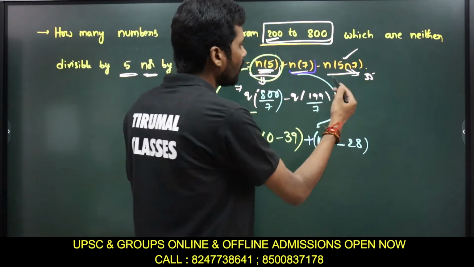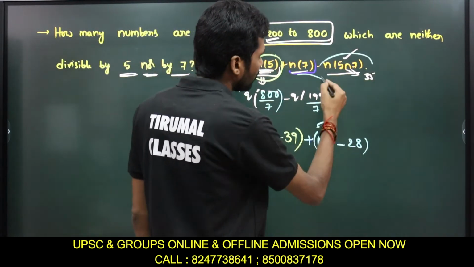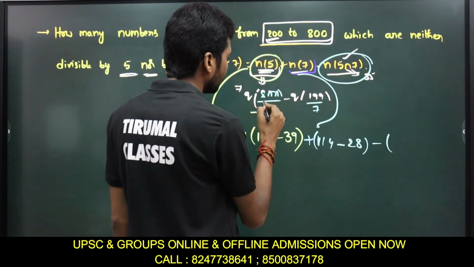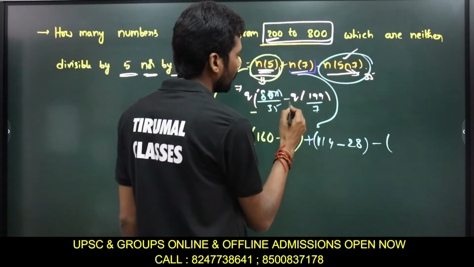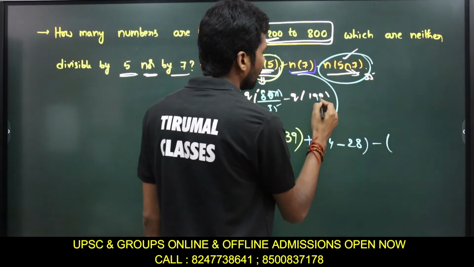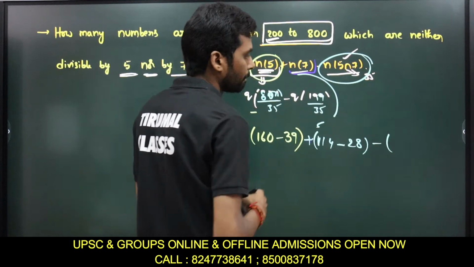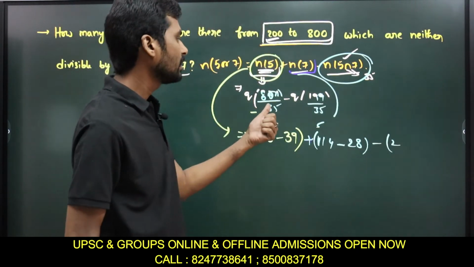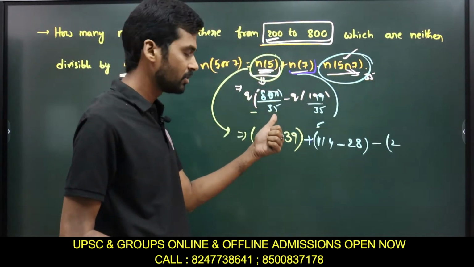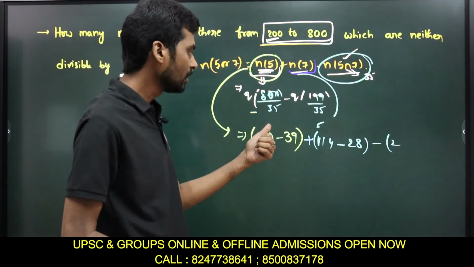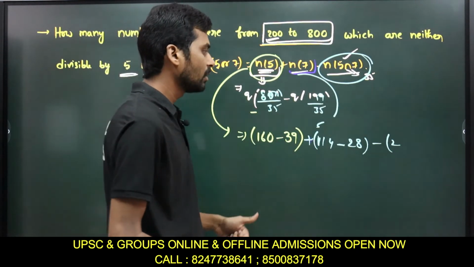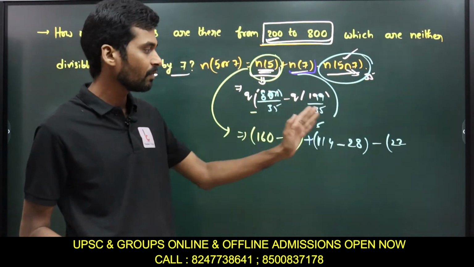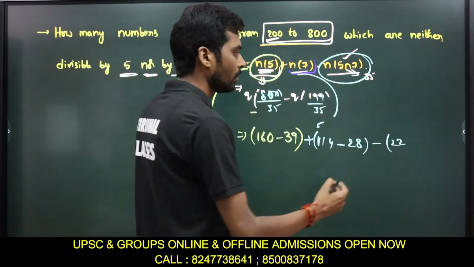Now the next one is minus n of 35. Just divide by 35: 800 by 35 and 199 by 35. 35 times 22 is 770, and 35 times 23 is 805, which is more than 800, so the quotient is 22.